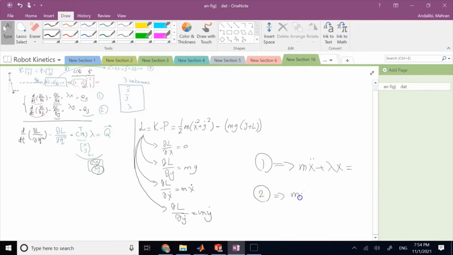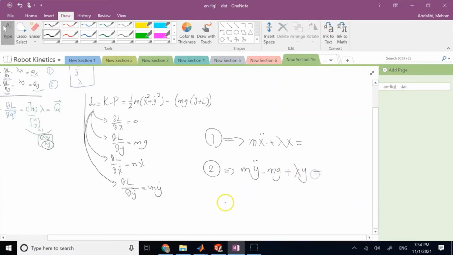Equation 2, you will get m y double dot, and then minus mg, and then plus lambda y is equal to q of y, and then equation 3 again, remember that it was x dot squared plus y dot squared plus x x double dot plus y y double dot equals 0. Right? So the only thing I need to provide now is q of x and q of y. Once I have those, I'm good.